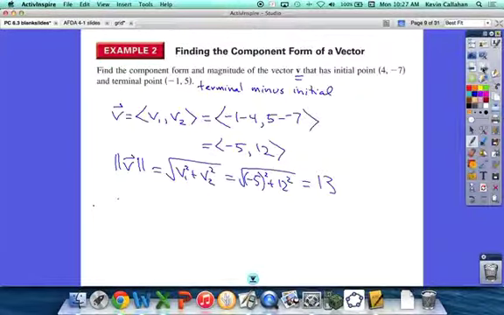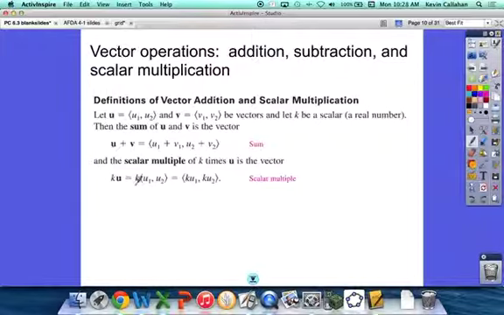So notice the difference that K is not bold, but the U is. But that's scalar multiplication. And when you do that, you end up multiplying both components by whatever that scalar is. So KU equals K times U1, U2, which is KU1 comma KU2. It's probably how you would just guess it worked. That's how it works.